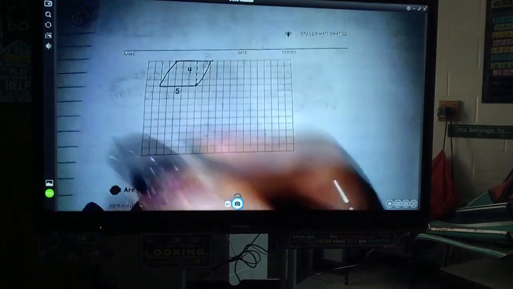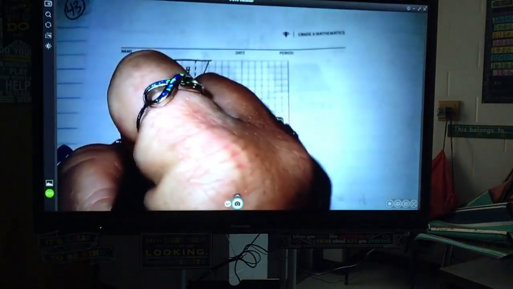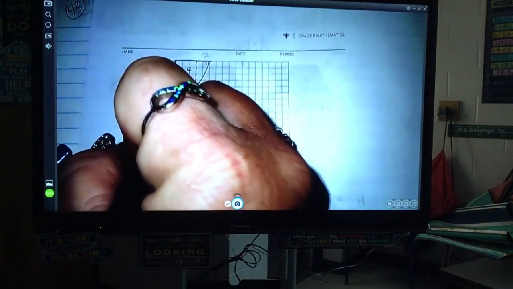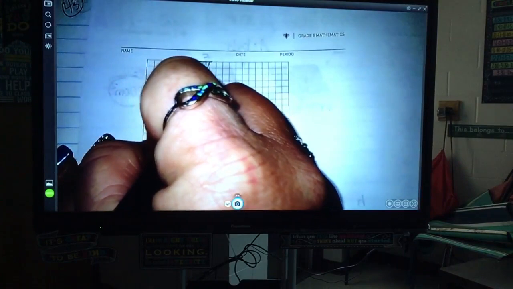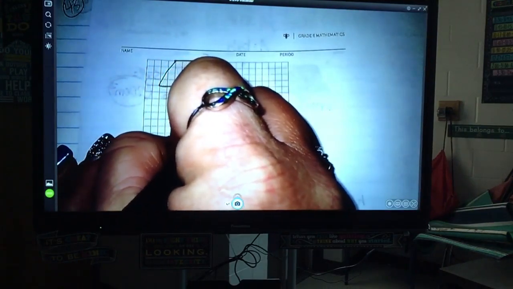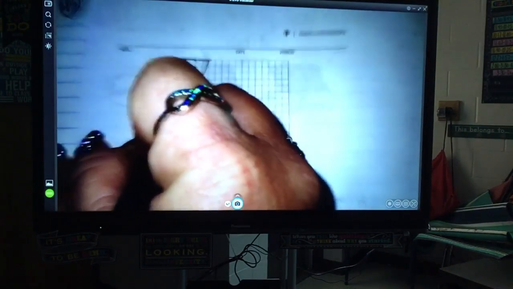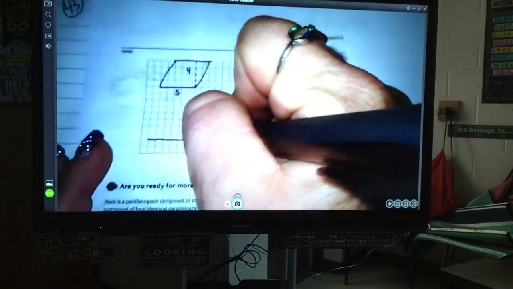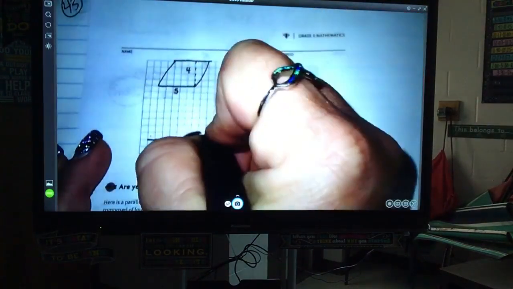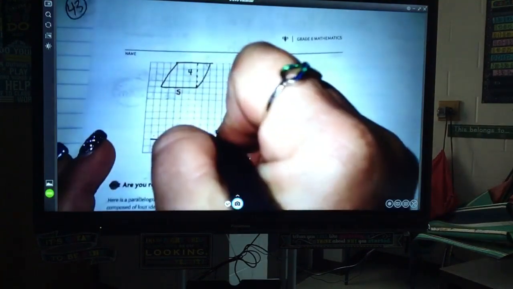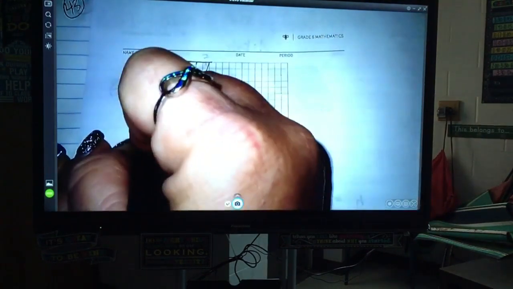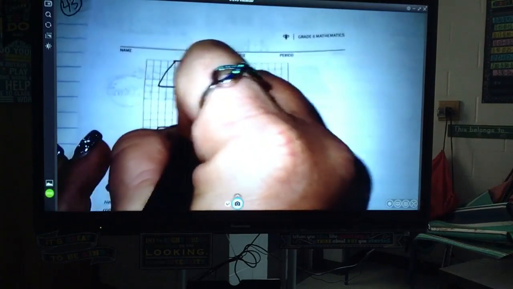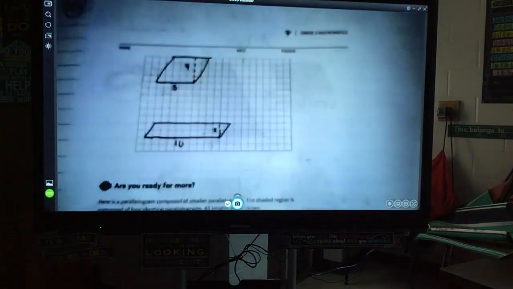All right, so over here, I'm going to do 10: 1, 2, 3, 4, 5, 6, 7, 8, 9, 10. And then you said 2, right? So there's my 2, there's my 10. I totally cannot draw, so do not judge me. There's another one.